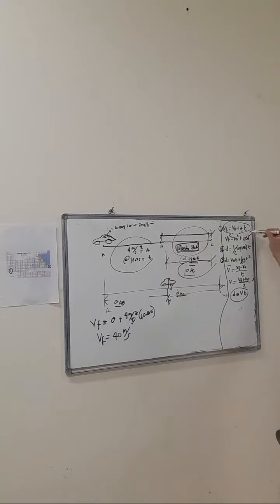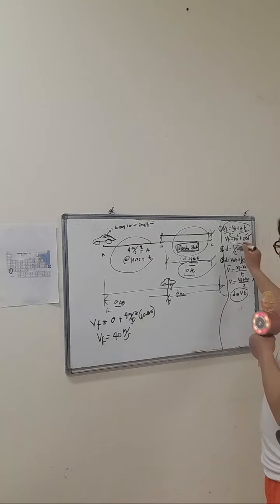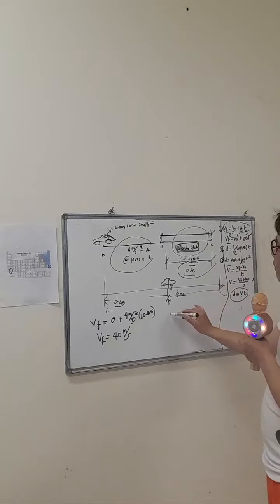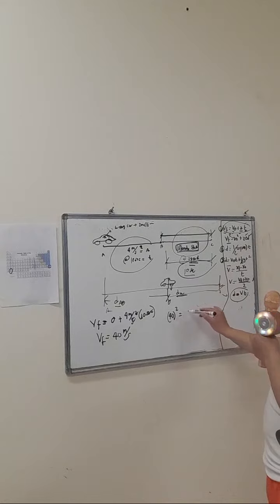Let's go back to this also; we can use this, no problem, but we still use this one. So for Vf, we have now 40 raised to the power 2 is equal to the initial velocity, which is 0 squared, right?